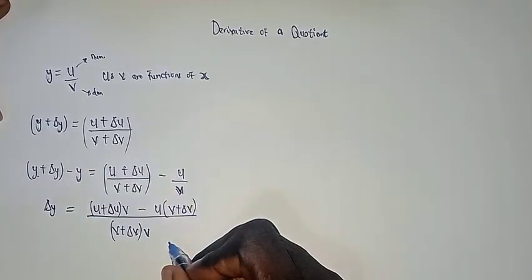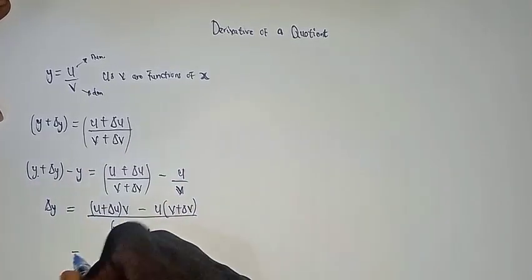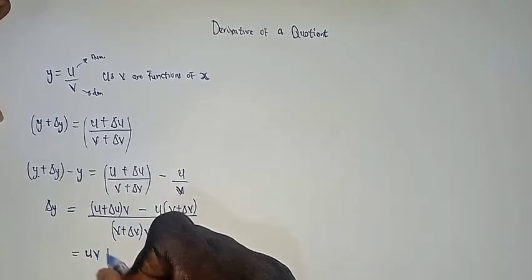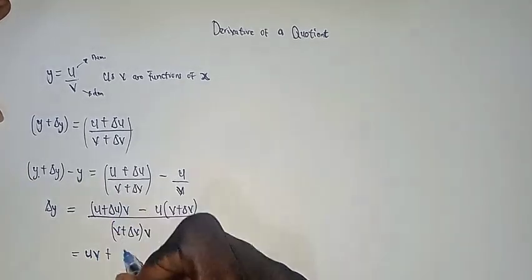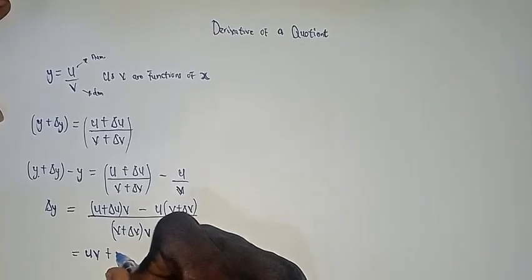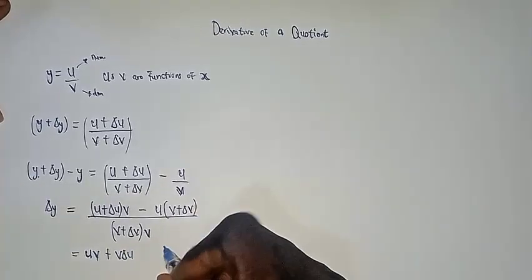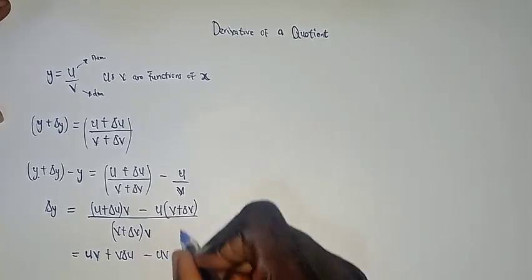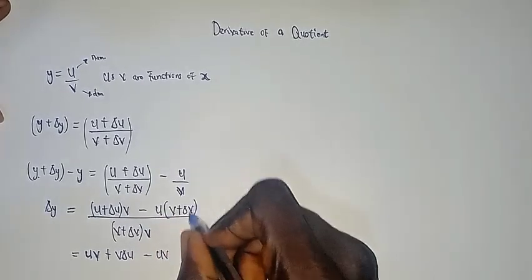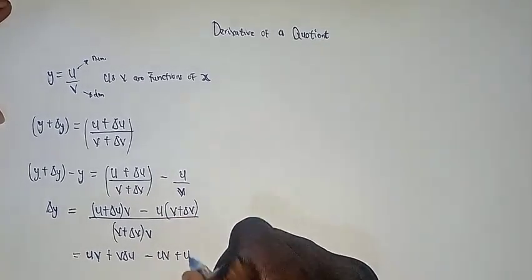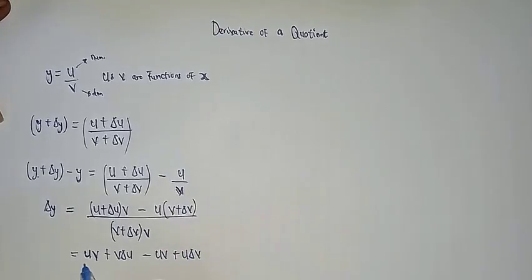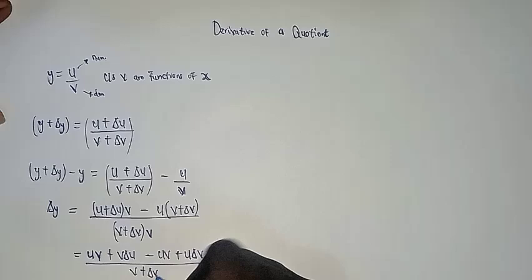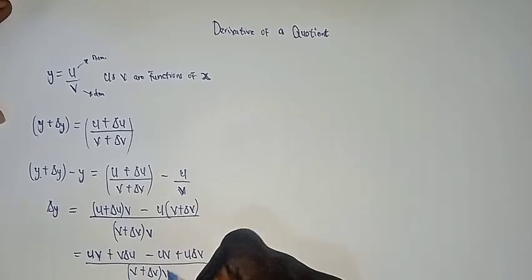So let's open this bracket. So we have that u multiply v is uv, and then delta u multiply v is v delta u minus u multiply v is uv, and then u multiply delta v is u delta v, and then we have v plus delta v all over v.